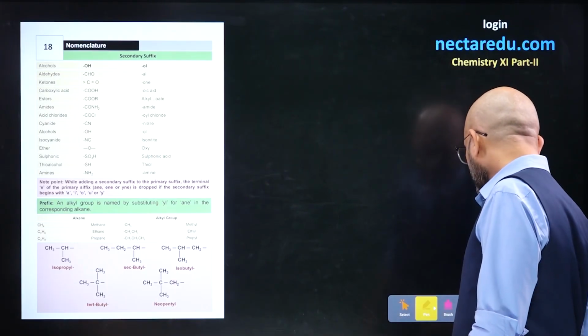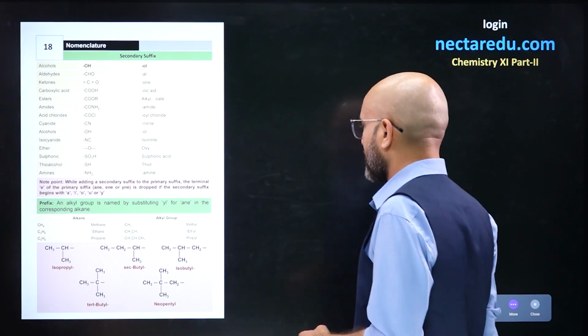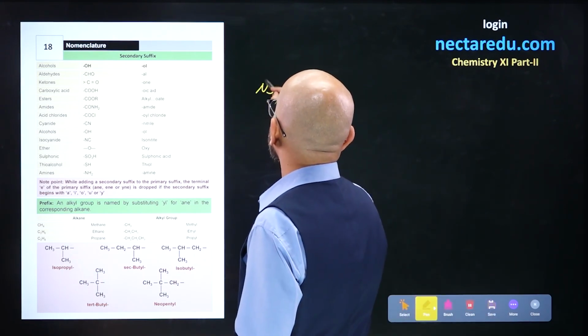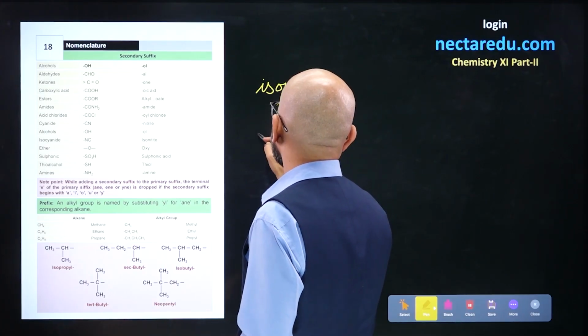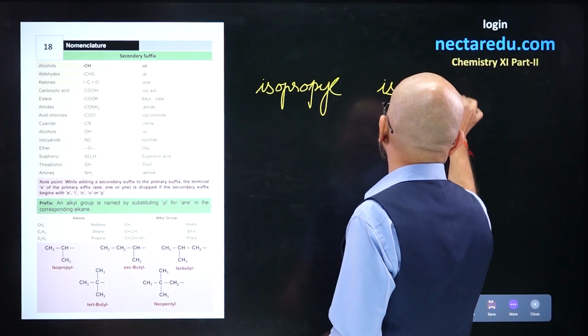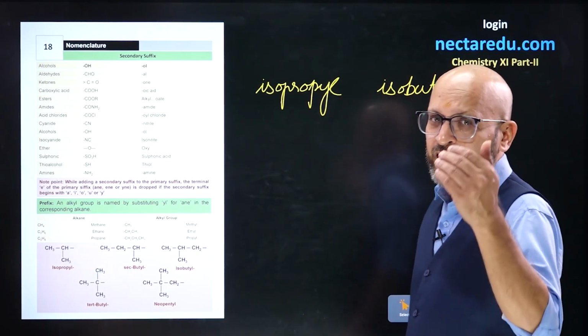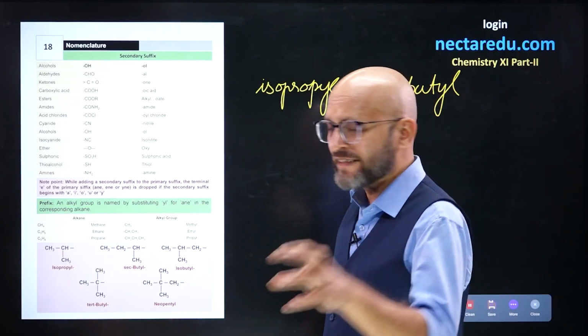Now we have a few commonly used alkyl groups. For example, we have isopropyl, isobutyl. So what is iso? If you have a methyl group attached to the second carbon, the group will be known as iso.